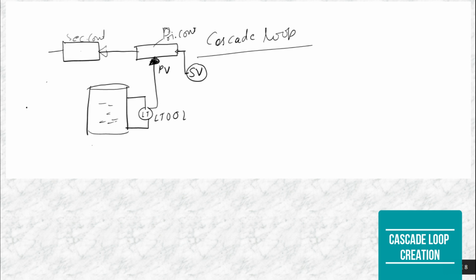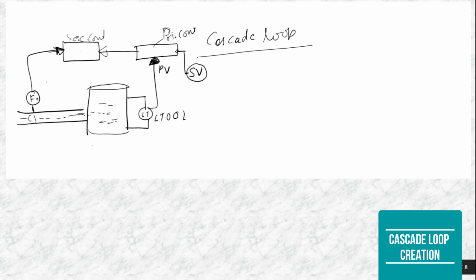And suppose there is one pipe. Water is coming to the tank through this pipe. Here one FT is there. FT is measuring the flow of fluid in this pipe, and from there this data will come.